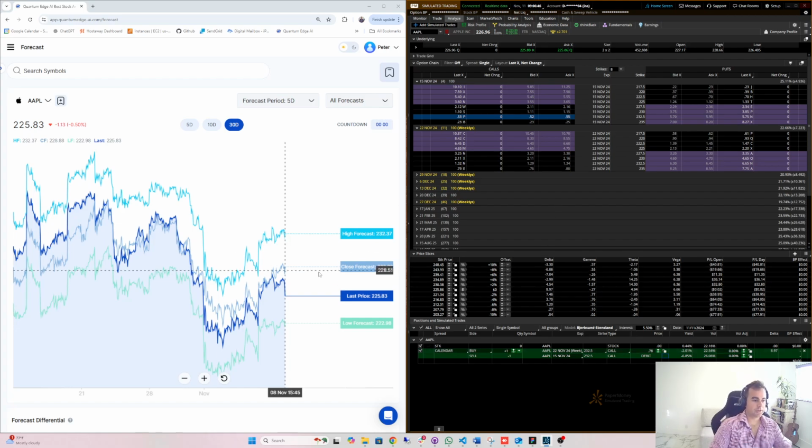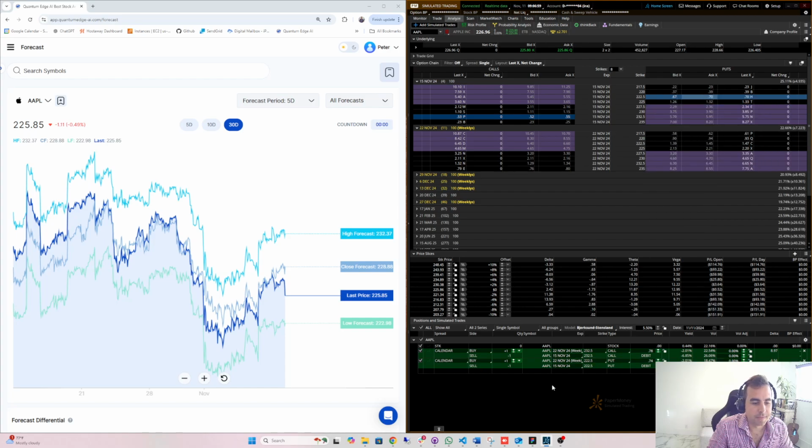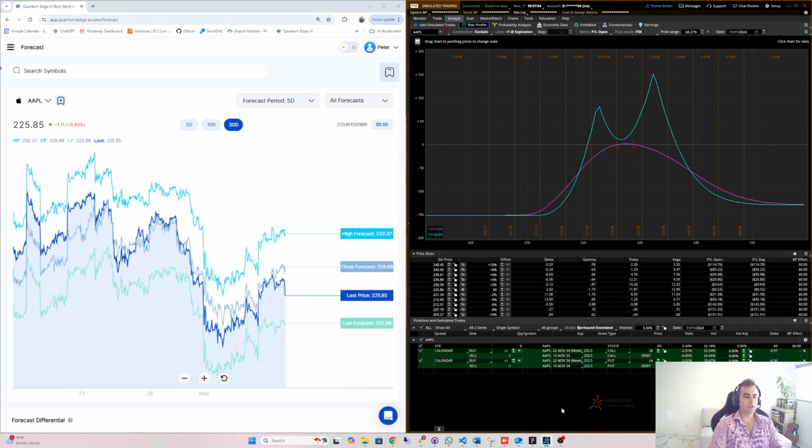Now, let's look at the alternative side and say, okay, well, the low forecast is coming in at 222.98. So maybe we want to place this at this location. Buy, analyze, calendar. Now, this is the double calendar using Quantum Edge AI's high and low forecast. The reason why we like this is because there is a delta positive here, there's a theta positive, and there's a vega positive.